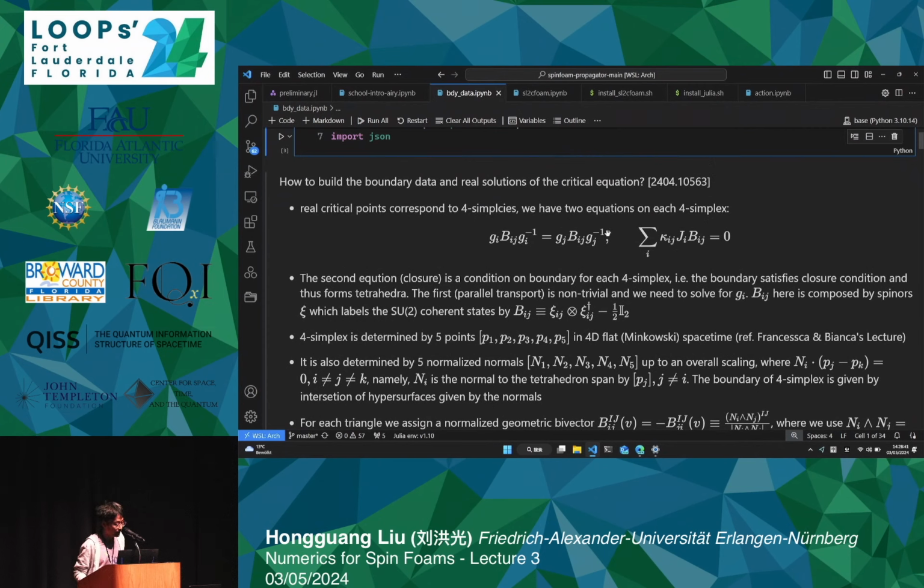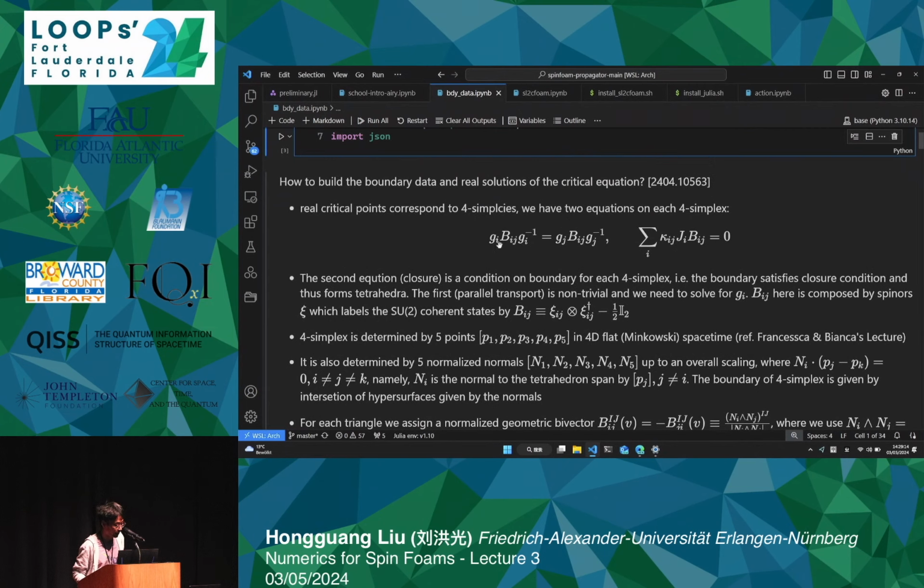So finding the boundary data corresponds to finding the corresponding B, and then we decompose B. Remember last time we already said this B is actually given by the coherent state labels, each corresponding to a 3D normal of your triangles of the tetrahedron. So given B is the same as given the coherent state label of the SU(2) coherent state. So this is the boundary. That's why we call it how to build the boundary data.